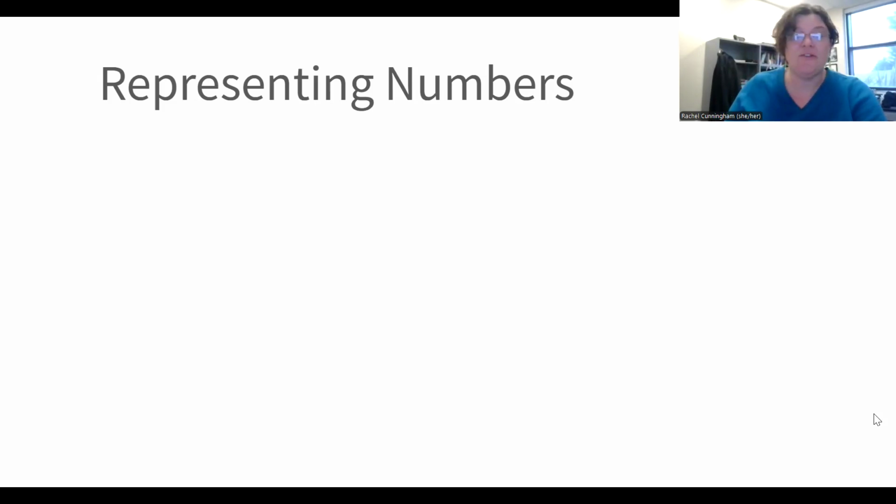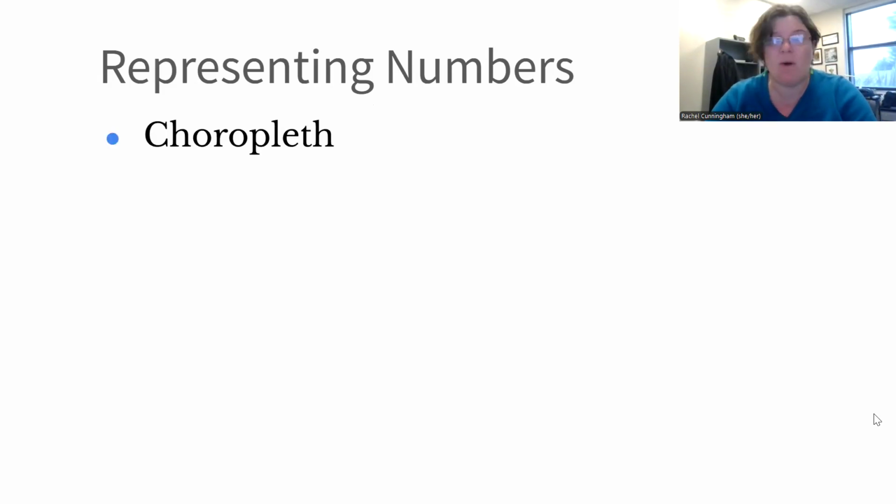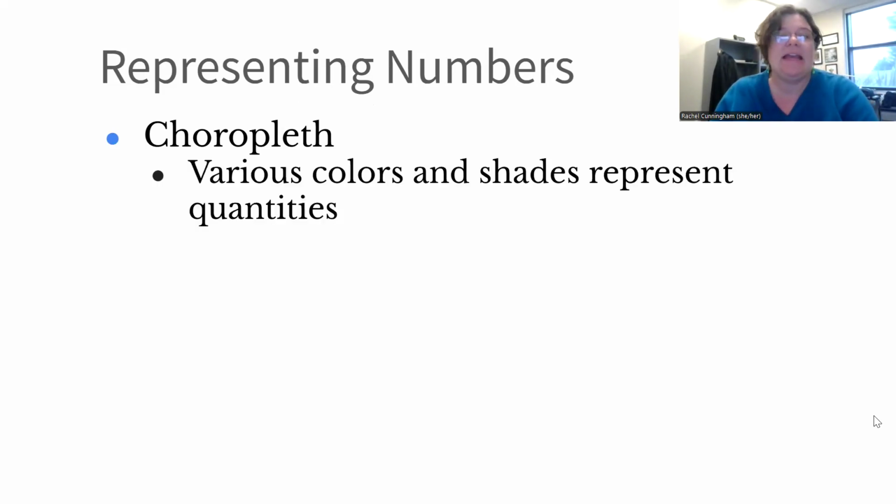Okay? So the first most common one, and one that probably all of you have seen before, is what's called a choropleth map. A choropleth map is one that uses various colors and shades to represent different quantities. These can be in full color, they can be in black and white, depending on what your budget is, vision color differences, and the psychology of what you're trying to show.